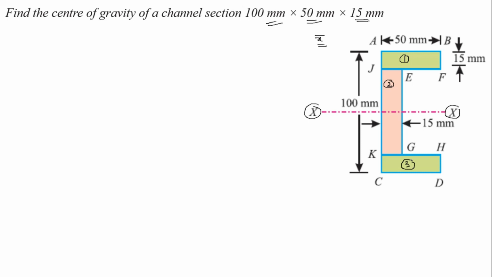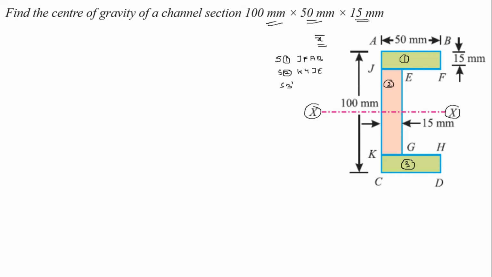Section 1 is JFAB or ABFJ. Section 2 is KGJE.